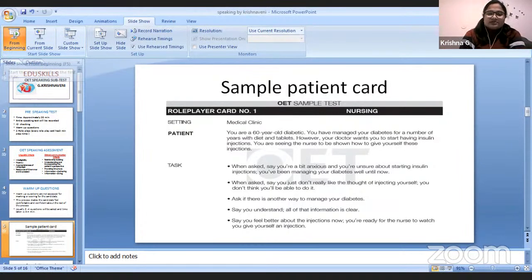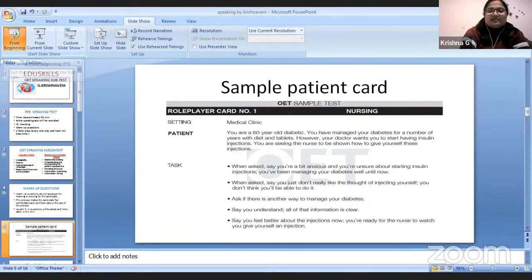And the third one goes, ask if there is another way to manage your diabetes. And the fourth one is say you understand all the information which is given by the nurse. And the fifth one is say you feel better about the injection now. You are ready for the nurse to watch you give yourself an injection. So this is the patient task.